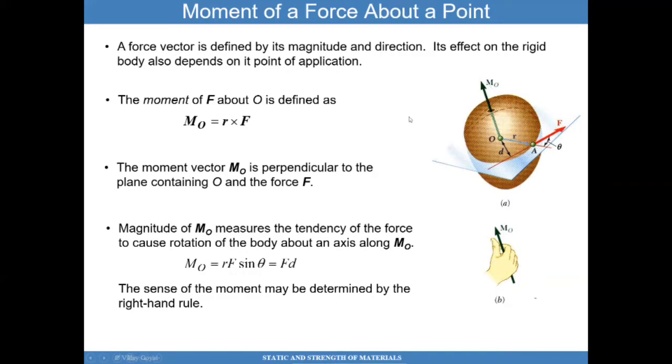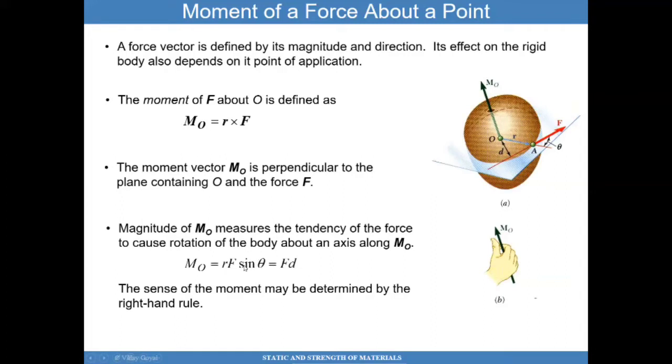So the magnitude of the moment M measures the tendency of the force to cause a rotation of the body, as we had explained earlier. And it will be equal to M equals R times F, so the magnitude of R, the magnitude of F times sine of theta, where theta is the angle between R and F. That's the definition of the cross product.